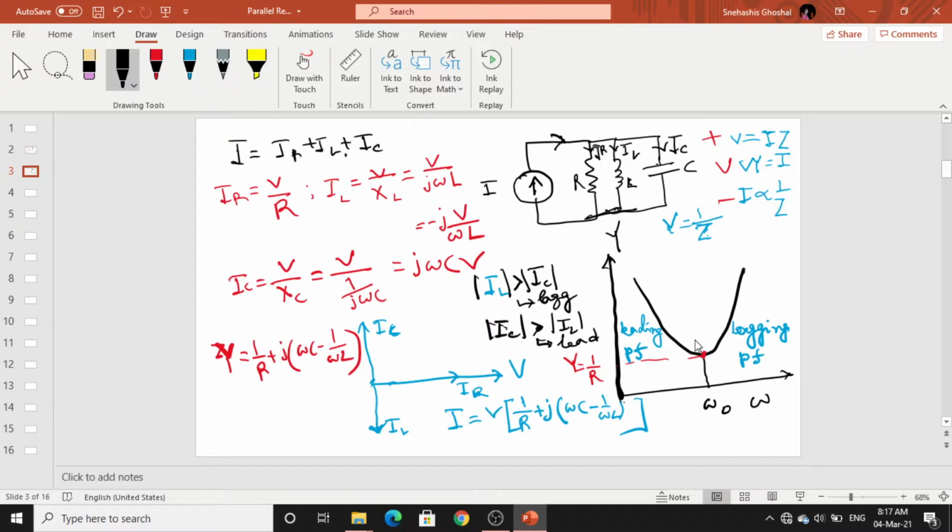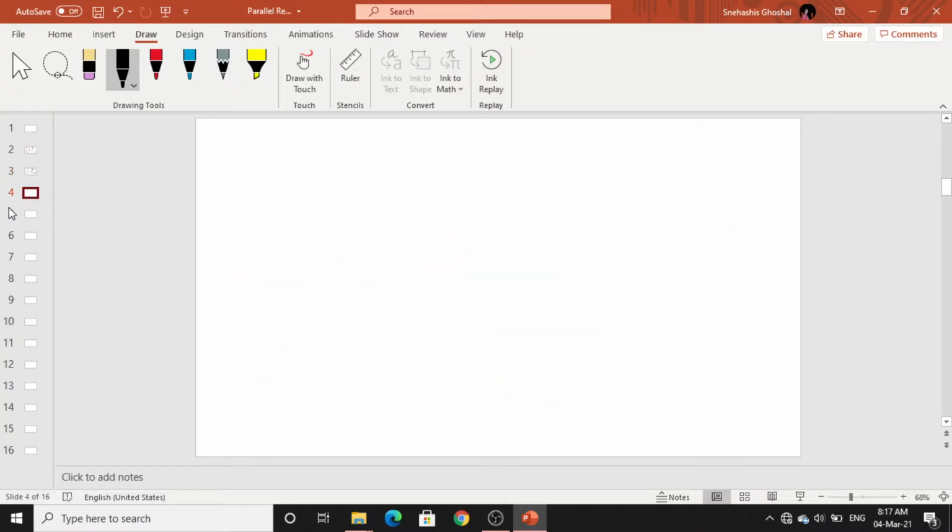And now before proceeding next to parallel resonance, a little bit of brief discussion regarding the quality factor in case of a parallel circuit. Let us discuss it.